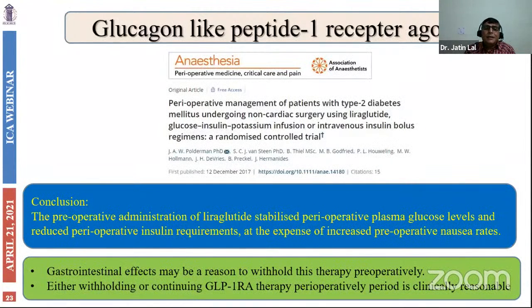Another study, the perioperative management of patients with type 2 diabetes mellitus undergoing non-cardiac surgery during liraglutide treatment, was published in Anaesthesia. They concluded that preoperative administration of liraglutide stabilized perioperative plasma glucose levels and reduced perioperative insulin requirements at the expense of increased preoperative nausea rates.